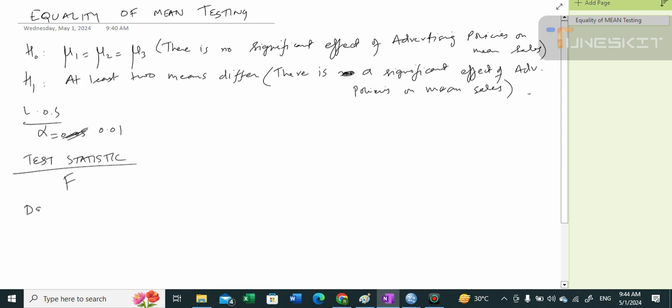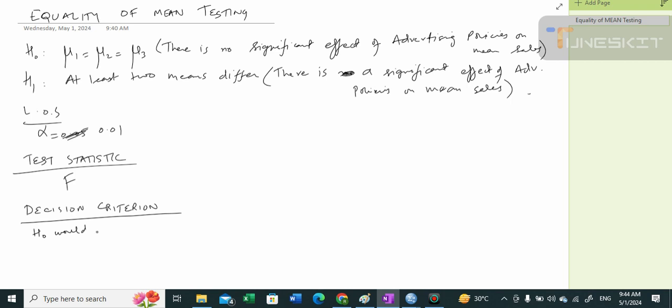Now we write down decision criterion in terms of p-value, same as before, as the condition under which H naught would be rejected.